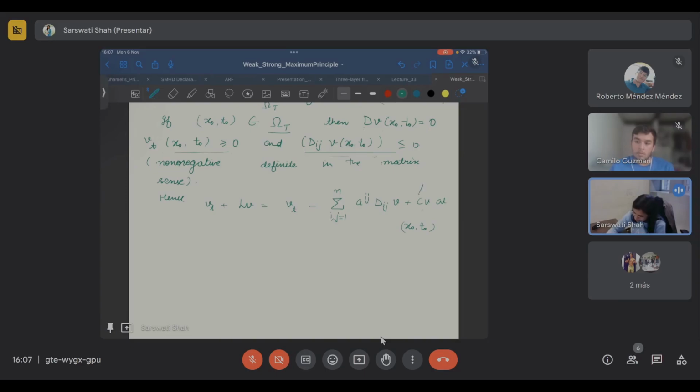With the condition c equals to 0, I think I am missing something. Just wait. Okay, so I got the point.